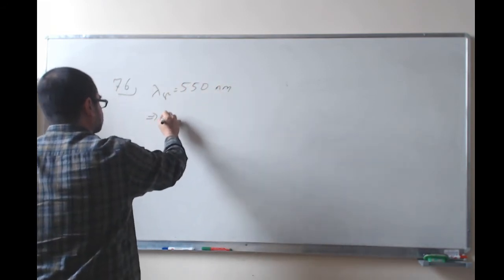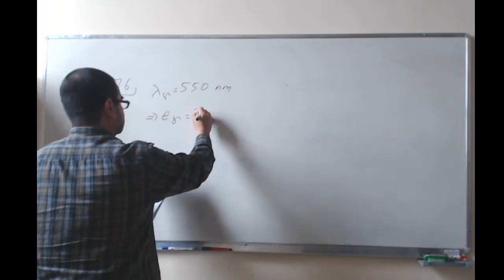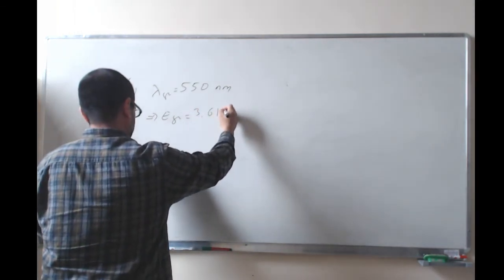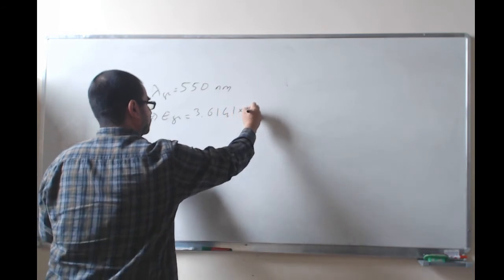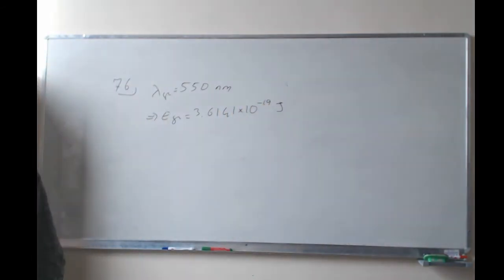This corresponds to an energy, again let me look this up, 3.6141 times 10 to the minus 19 joules. What are they asking? We have an intensity of 1350 watts. That's joules per second per meter squared. Estimate how many photons per square meter per second this represents.